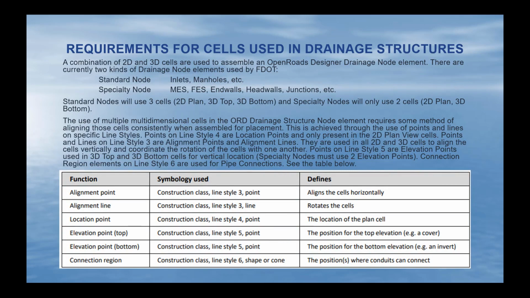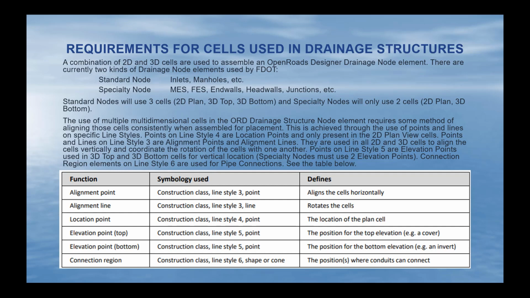First thing you need to understand is that there are requirements that you have to have in every one of the custom drainage structures that you'll be required to make. Basically, there's a combination of 2D and 3D cells that are used to assemble all your ORD drainage node elements. There are currently two kinds of drainage node elements used by FDOT.